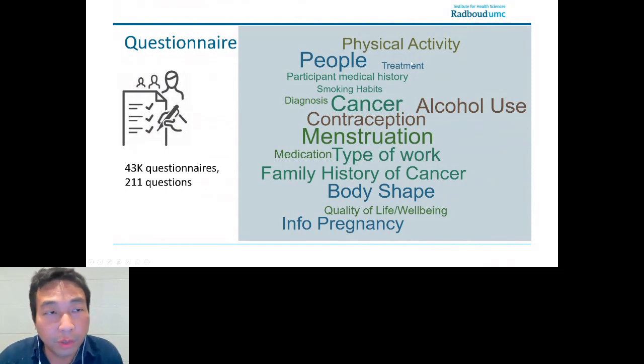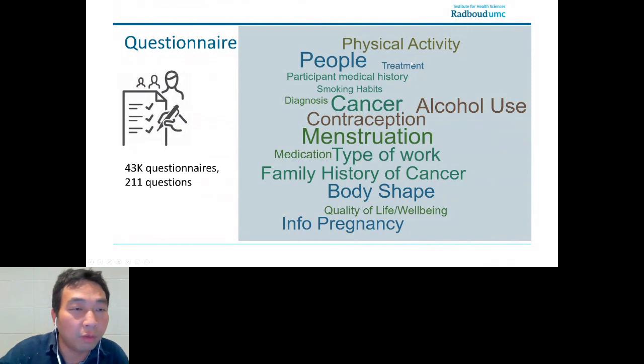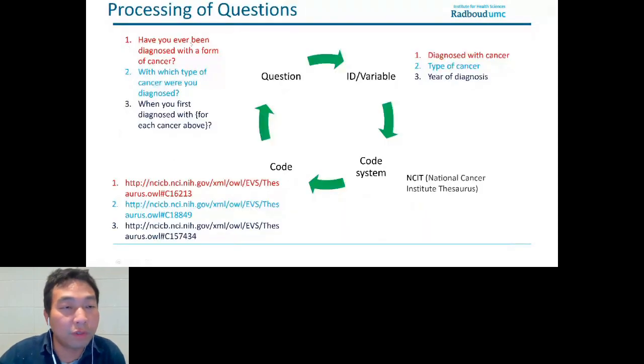Next, I would like to introduce the processing of questionnaires. Here you can see it is an iterative process. It starts from a question. For example, the first question: have you ever been diagnosed with a form of cancer?